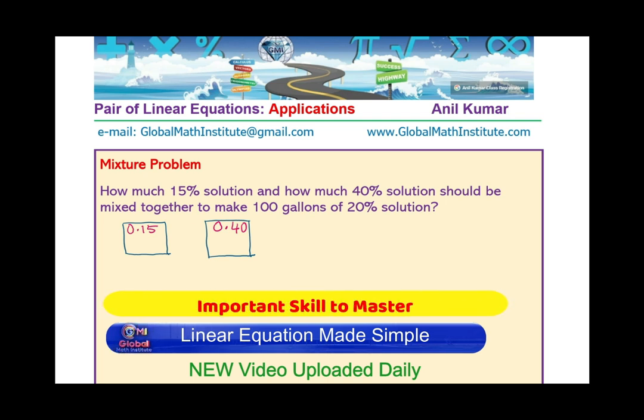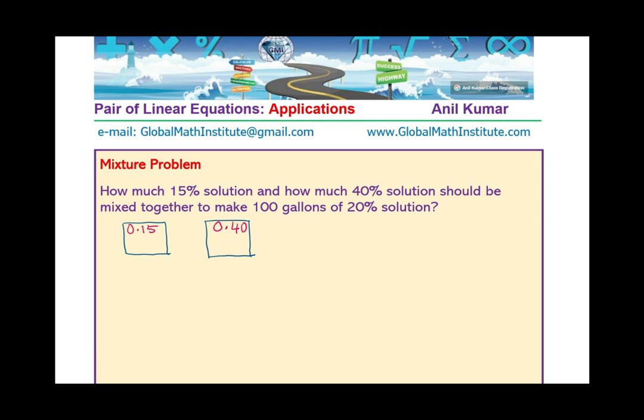Should be mixed together to make 100 gallons of 20%. So when we mix them up, what we get is 100 gallons of 20%. So 20% means 0.20, and now we know the total volume of this, which is 100 gallons, right? So definitely, if one amount is x and let the other one be y, what could be the set of equations?